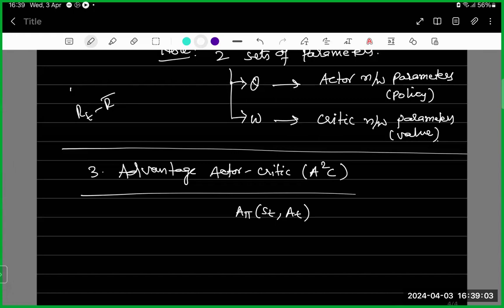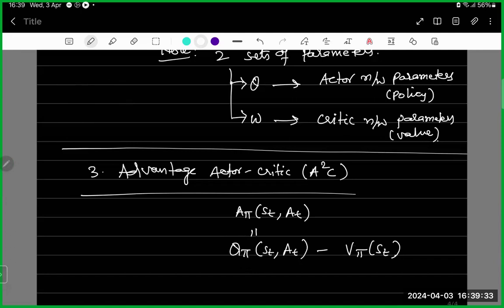R bar is generally an average over all actions. So how much good action A is compared to a typical action? That's what we are trying to write here. Similarly, the advantage function is defined as Q pi of ST, AT minus V pi of ST.